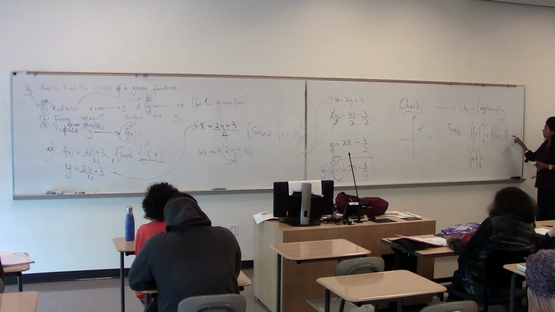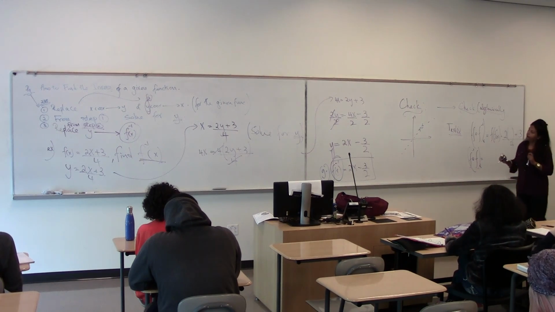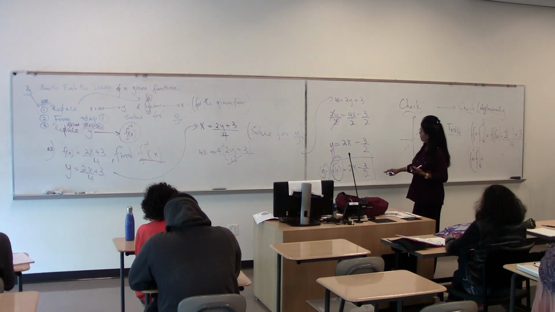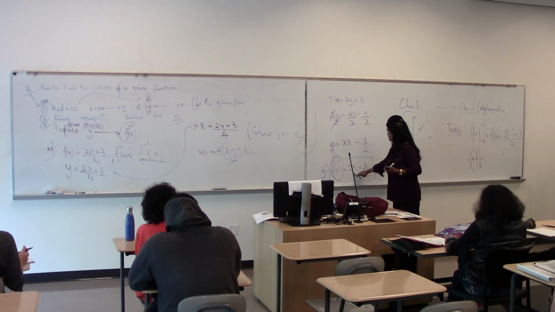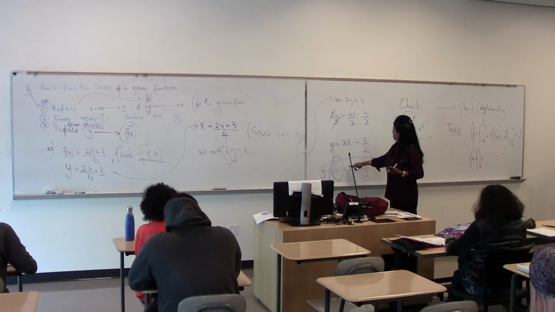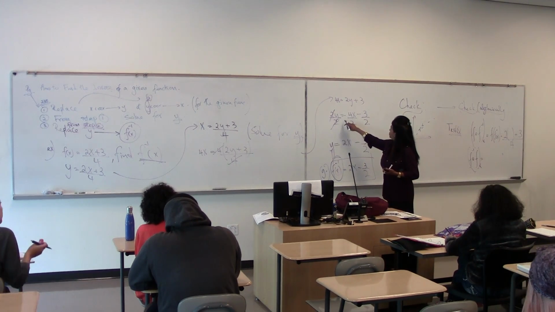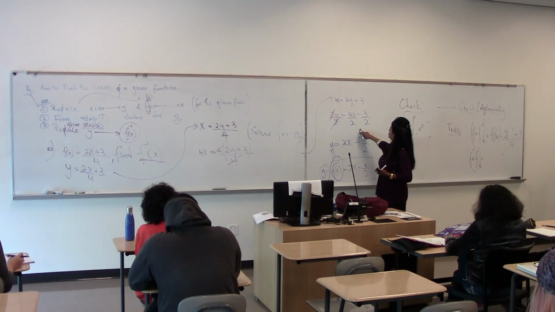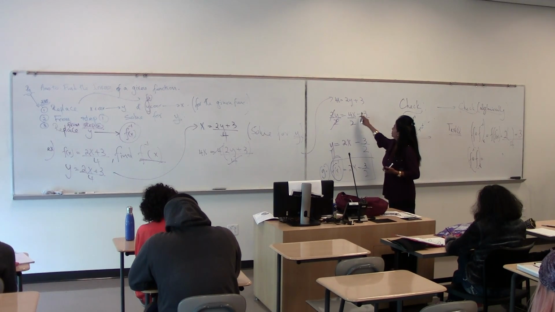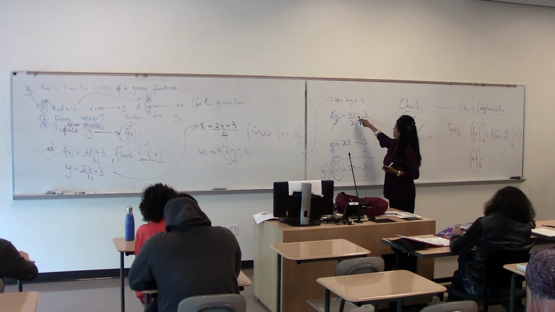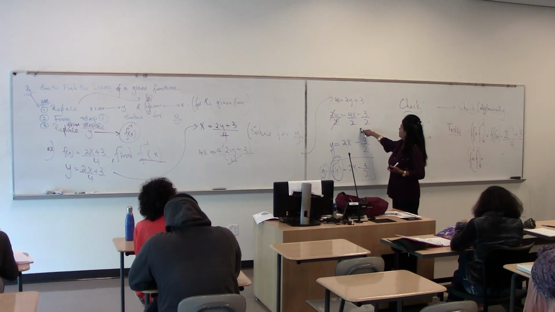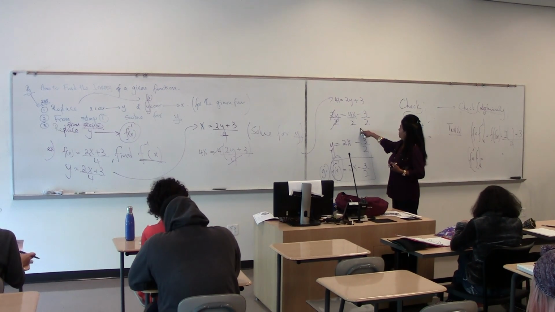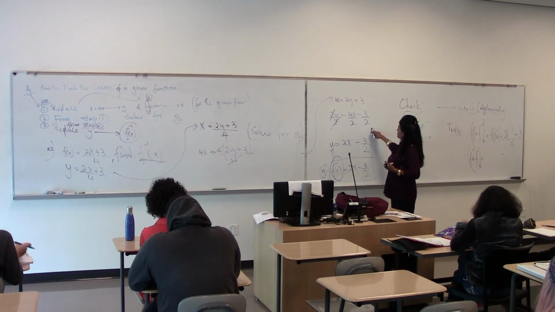Instead of x, we are going to put 2x minus 3 over 2. I'm dividing everything by 2 here. 2y is equal to 4x divided by 2 minus 3/2.